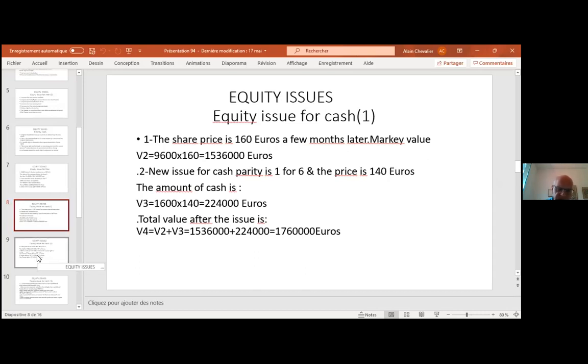Now we have to go into more details and more calculations, to calculate the price of a share, the value of equity rights, and the policies which can be chosen by different shareholders.